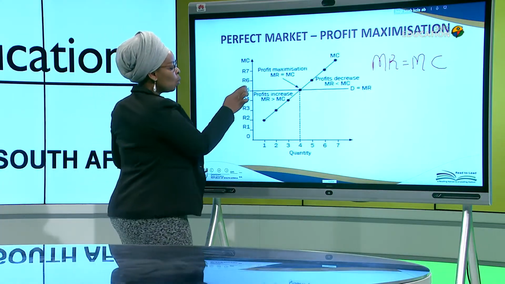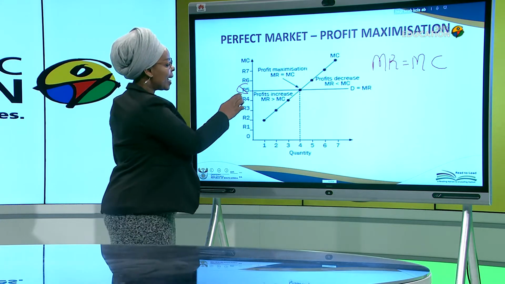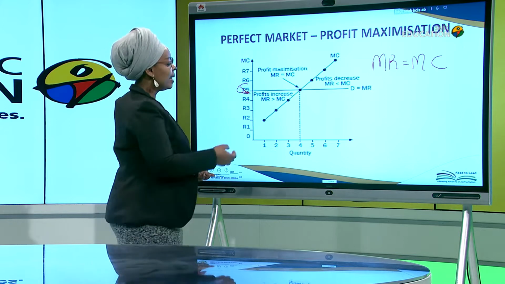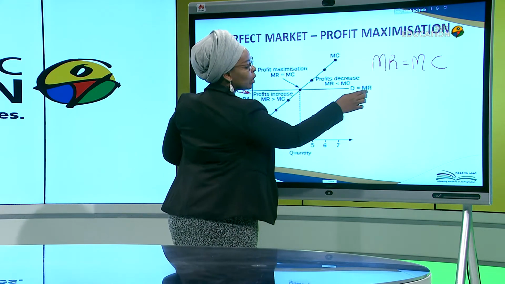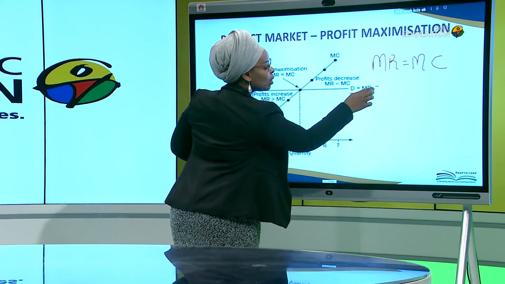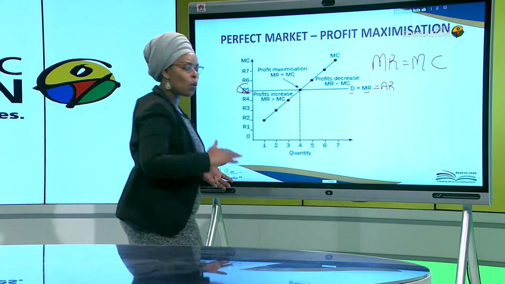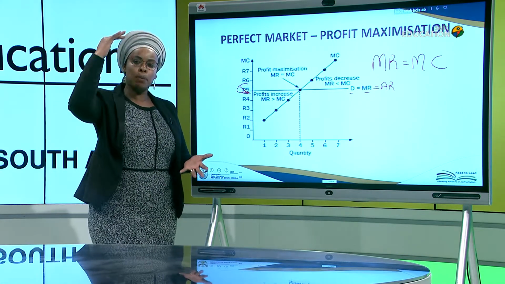So when we look at profit maximization, we will use the MR equals to marginal cost approach. So we will assume that 5 rand is the market price which was taken from the industry or from the market. Then this straight horizontal line represents D equals to MR equals to AR. So we want to know the point where the business will be making the highest profit.